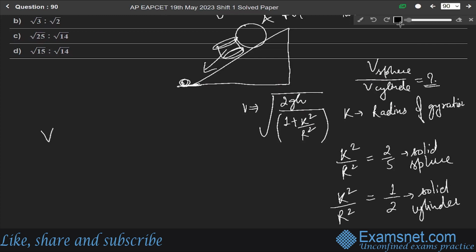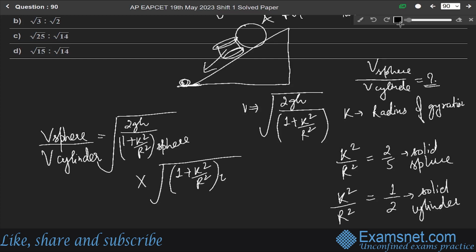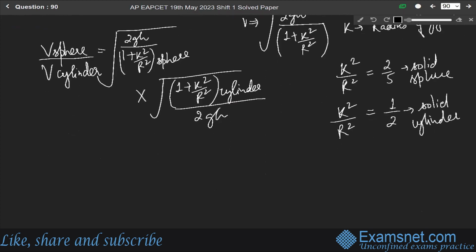So we get v sphere over v cylinder equals the square root of 2gh over 1 plus k square over r square for the sphere, into 1 plus k square over r square for the cylinder over 2gh. Now put the values in this.